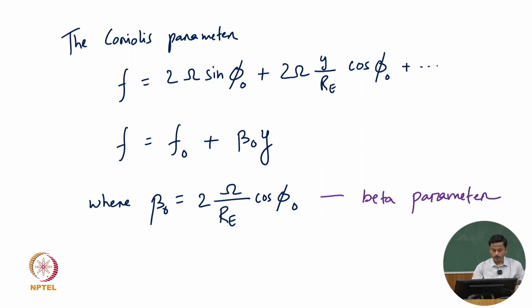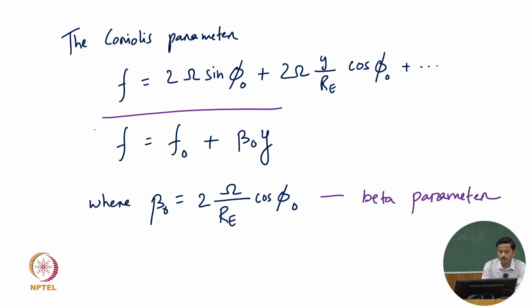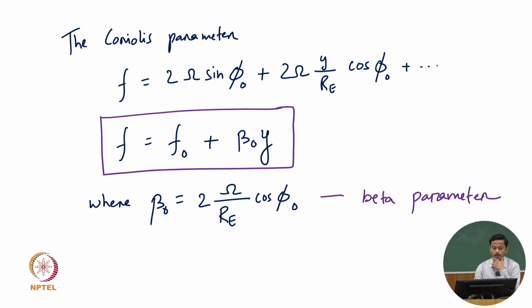Now if you see, we are not assuming f to be a constant anymore. We have a formulation which takes into account the variation of the Coriolis parameter with change in latitude, and change in latitude from a certain reference latitude is given by this quantity y. And this formulation, where we include the variation of f with latitude for large scale planetary systems, large scale atmospheric and oceanic events, is called the beta plane approximation.